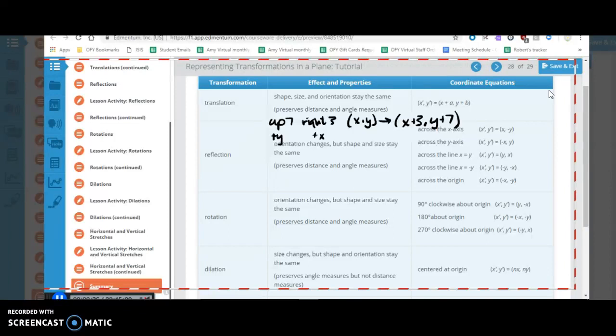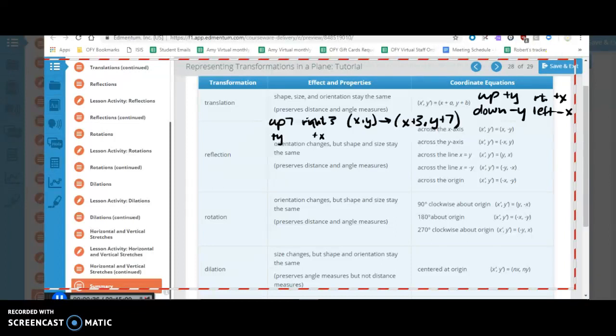Up, we're going to be adding to the y. Down, we're going to be subtracting from the y. Right, we're going to be adding to the x, and left, we're going to be subtracting from the x.